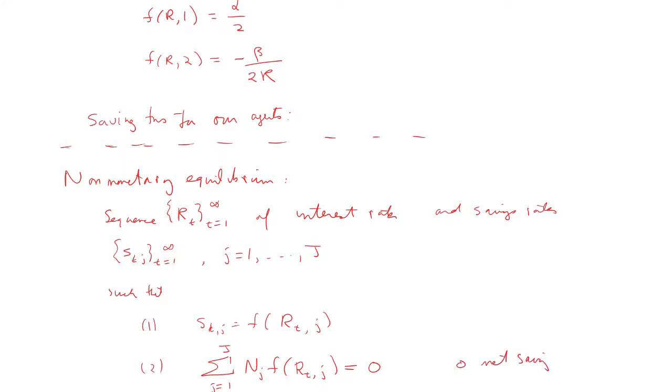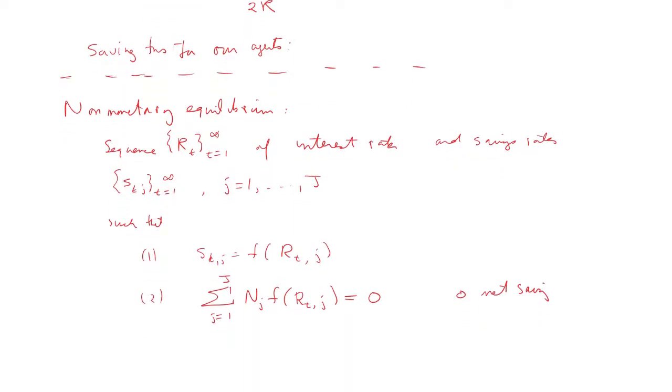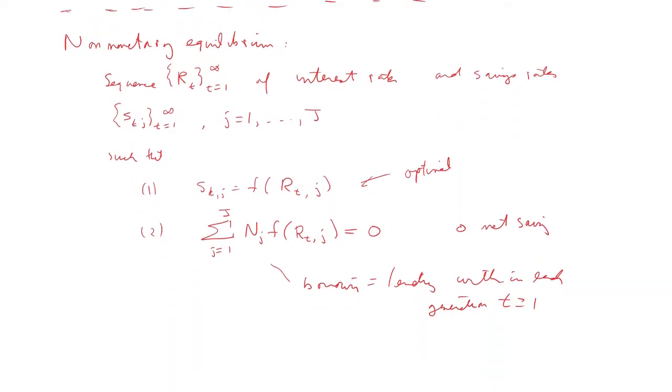Another way to say it is, this asset has 0 net aggregate supply. So this says borrowing equals lending within each generation, t greater than or equal to 1. It's just going to repeat. And this says saving choice is optimal.